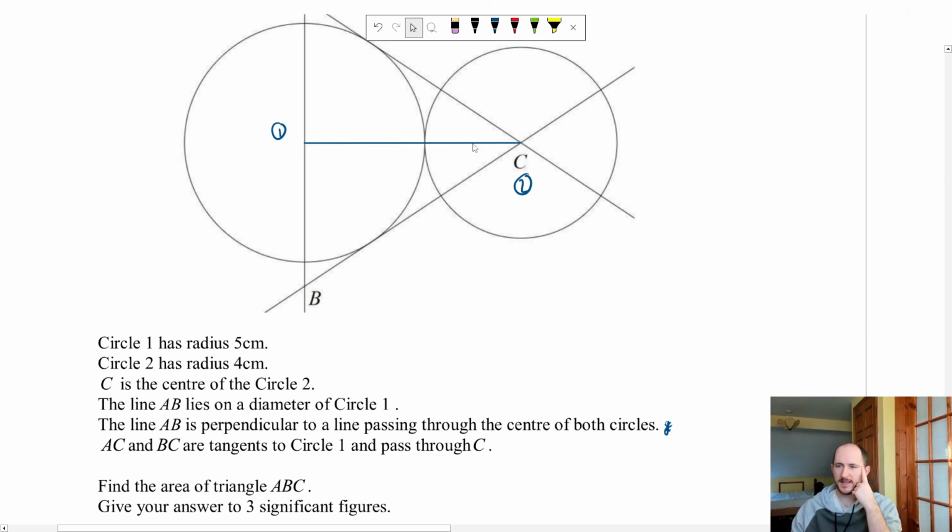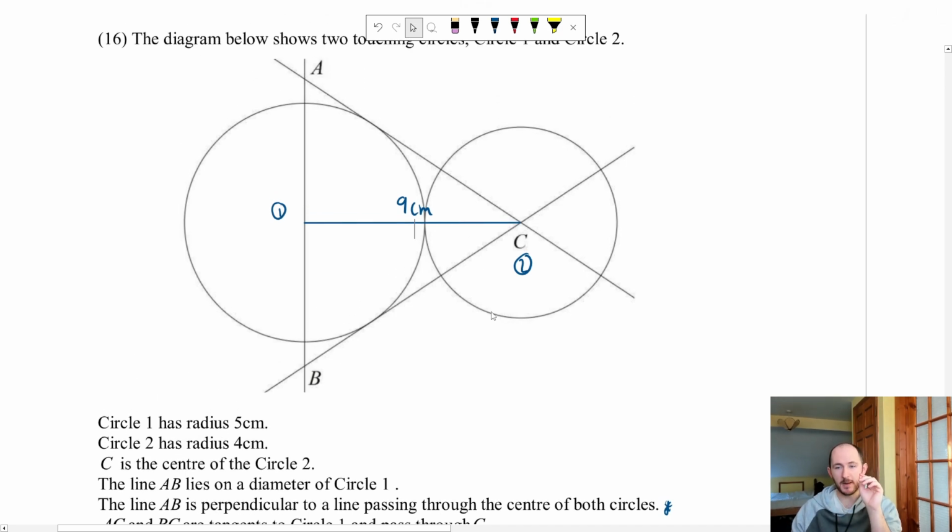Well, this goes straight from the centre of one circle to the centre of the other, right? And they're touching. So this part of this is the radius of the first circle. That's 5 centimetres. This part is another 4 centimetres. So this total line is actually 9 centimetres long. So we have our first number. Now, if you remember how to do the area of a triangle, you need the perpendicular height and then the base.